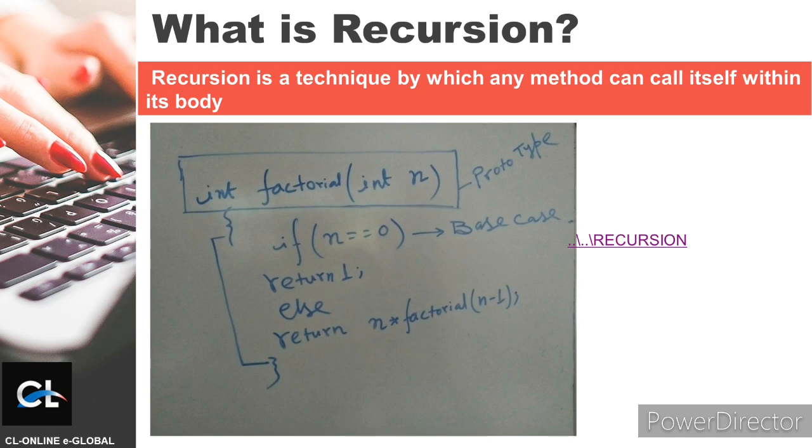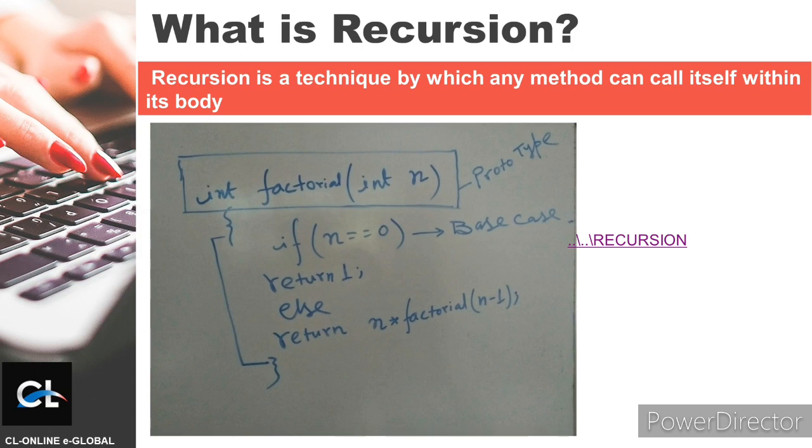Recursion is a very simple thing. As per the ISC syllabus, near about 15 marks will come from this recursion part, maximum. Either we'll get one output question or one program in section B from this recursion part.